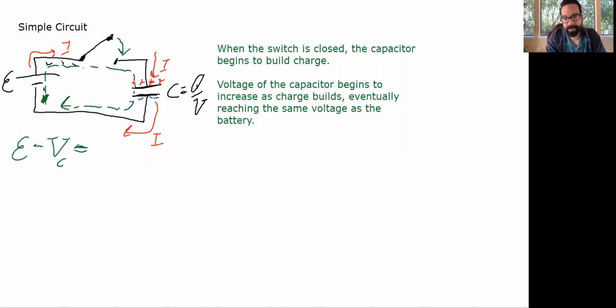The loop law says that all the voltages around your whole loop equal 0. So this is proving what I wrote on the side, that this eventually becomes VC. The voltage of the capacitor is eventually going to equal the voltage of the battery.